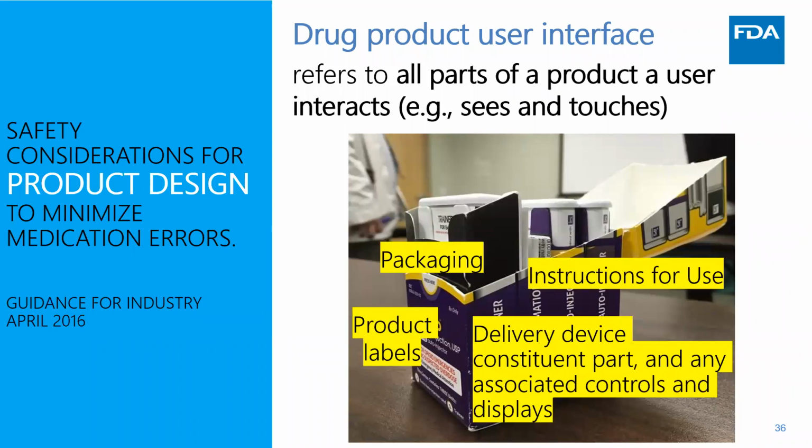So the term user interface refers to all components of a product that a user interacts with, meaning sees or touches, such as labels, packaging, and the container closure system, including controls and displays. And so how a user locates and interprets information necessary to use the product is critical to the product's safe and effective use.